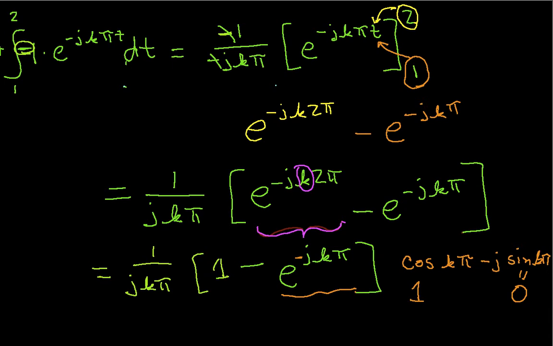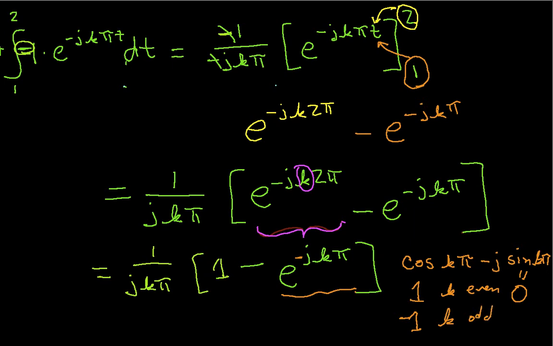If k is 2, the cosine of 2 pi is 1, and so on. Did I say the cosine of 0 is 0? That's not true. The cosine of 0 is 1. The cosine of 2 pi is 1. And so this cosine will be equal to 1 if k is even. And if k is odd, then I have the cosine of pi or the cosine of 3 pi or something like that. And that would be negative 1. So if k is odd.